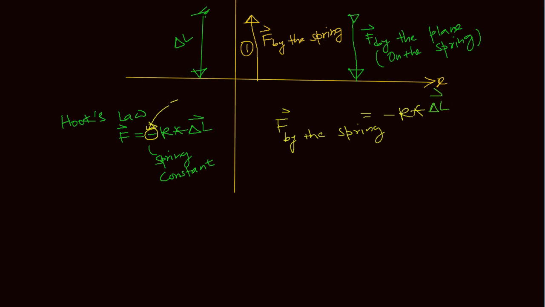So this I hope is clear, the point that we were driving at: when Hooke's law says force is minus K multiplied with displacement, they are talking about force by the spring.